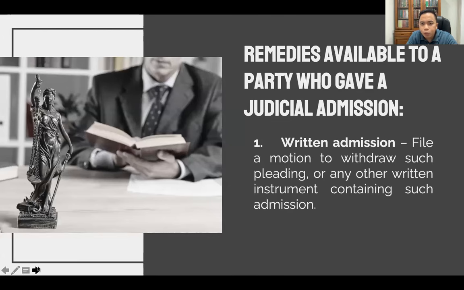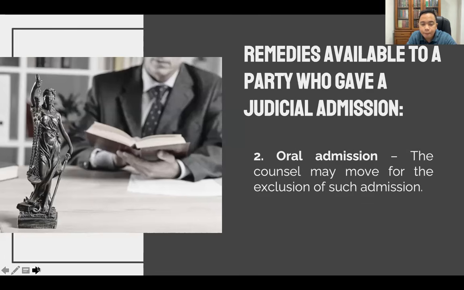Now, what if a party has made a wrongful judicial admission? What if the admission made was erroneous? What are the remedies of a party who gave a judicial admission? Number one, written admission: file a motion to withdraw such pleading or any other written instrument containing such admission.